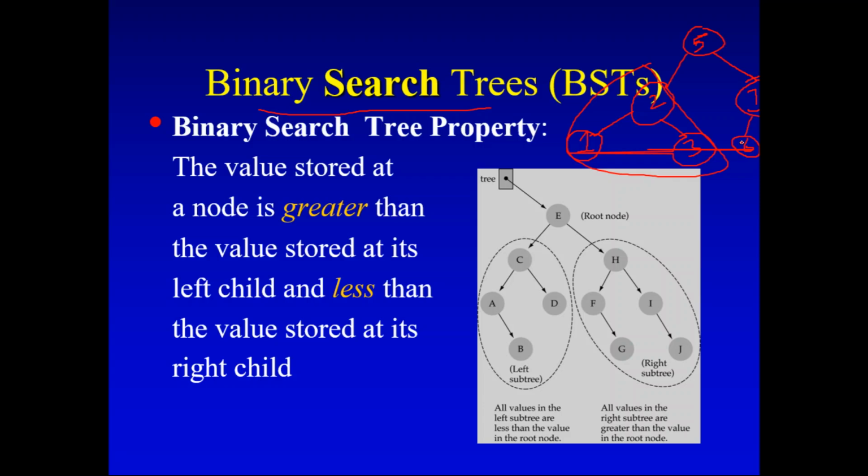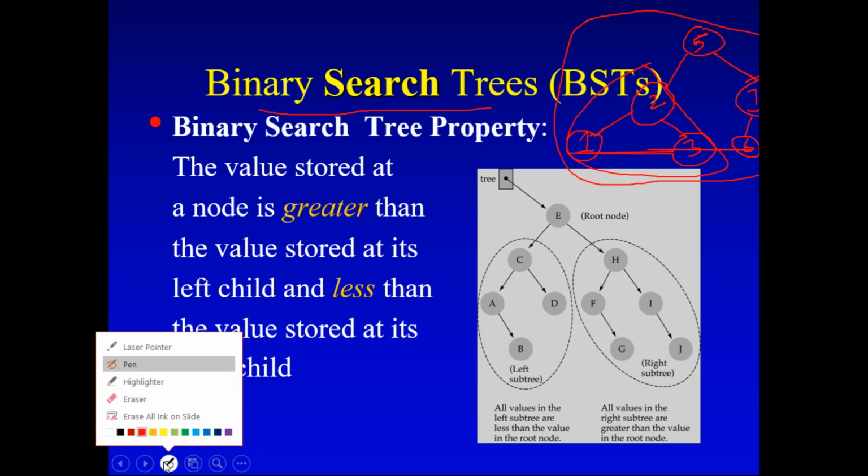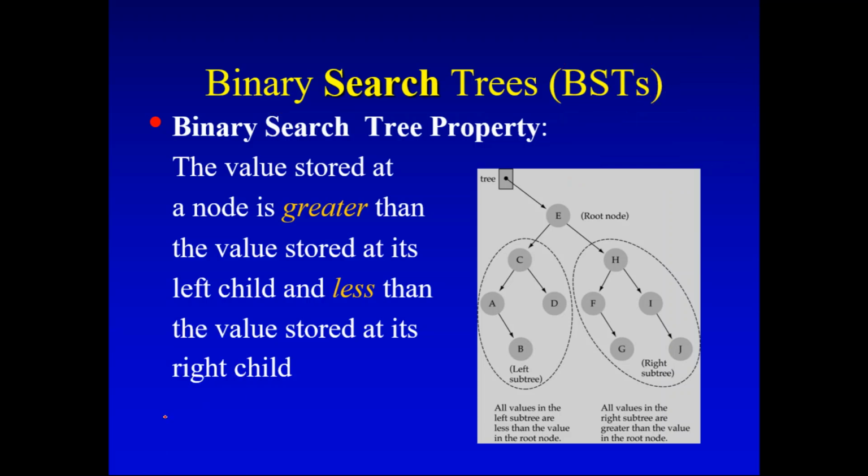And one more thing: the key values for all the nodes in a given binary search tree should be unique. That is, a binary search tree cannot have duplicate values.